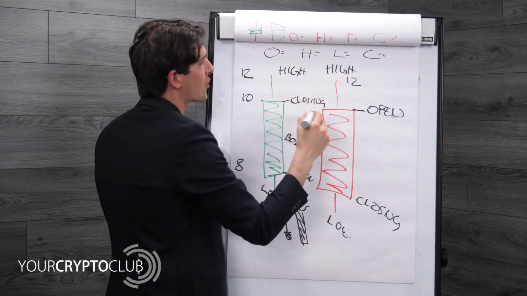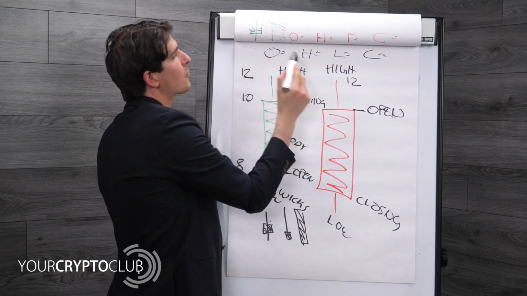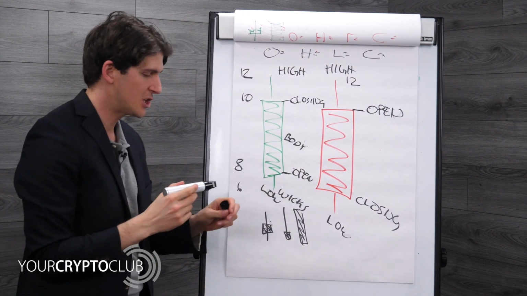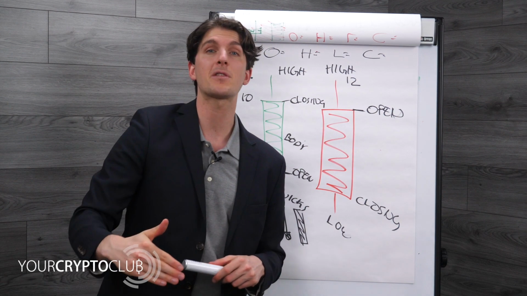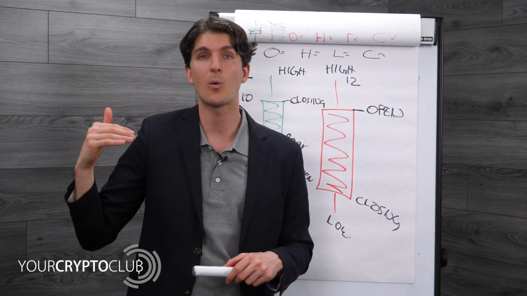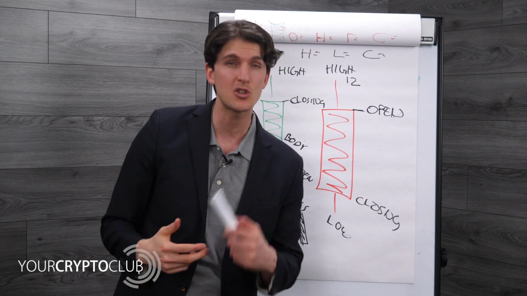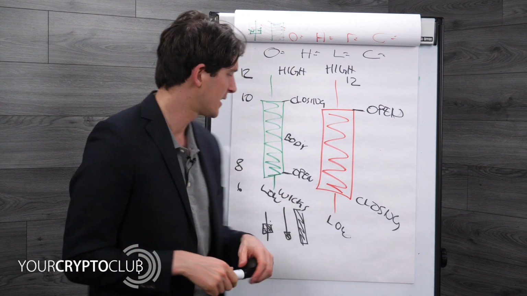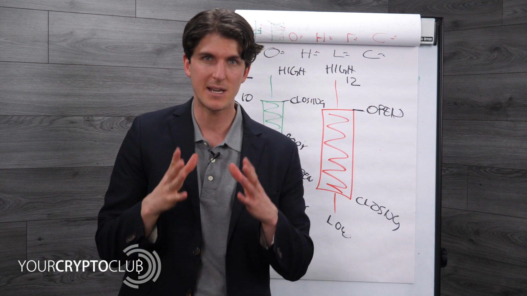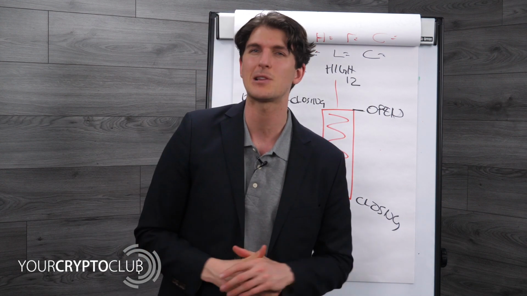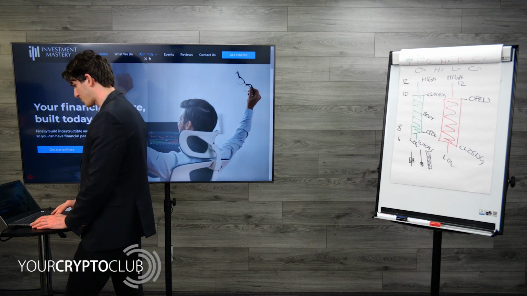If you hover on any specific candle, it shows you the open, the high, the low, and the closing price, so you can easily see what the price was when the market opened, when it closed, or when it was at the highest or lowest point within that day, if you're using the daily candles. I hope that makes sense. Let's head over quickly to the computer so we can look at what it actually looks like live.